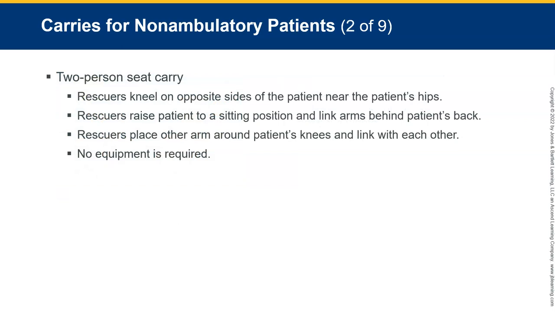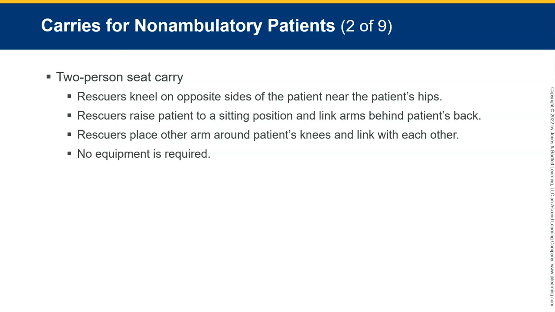Two-person seat carry. Rescuers use their arms and bodies to form a seat for the patient. You can see that their arms are locking, and you're able to move someone out by creating almost a seat with your arms. You kneel on opposite sides of the patient near the patient's hips, raise the patient to a sitting position, and link arms behind the patient's back.